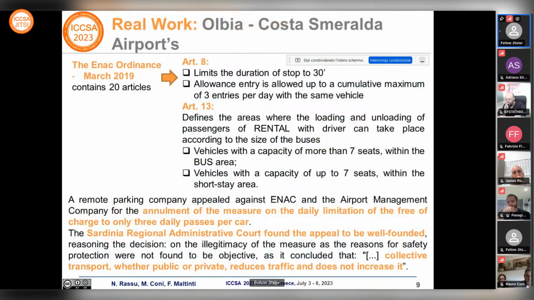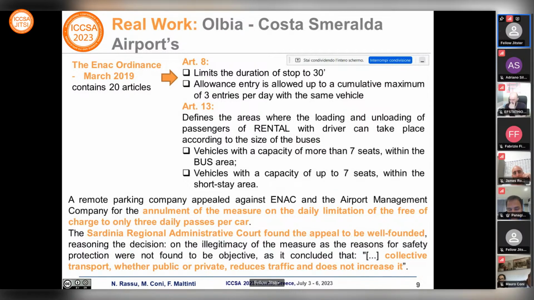The ENAC Ordinance of March 2019 regulates vehicular circulation on the state-owned area of Olbia Airport open to public use. The articles of interest are 8 and 13. The first, in consideration of the safety of vehicle movement, limits the duration of parking to 30 minutes.